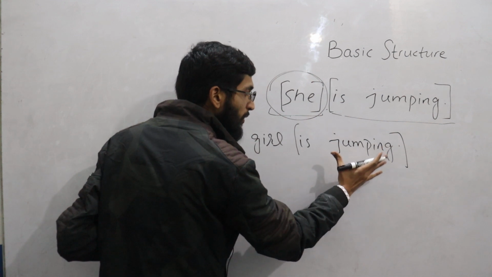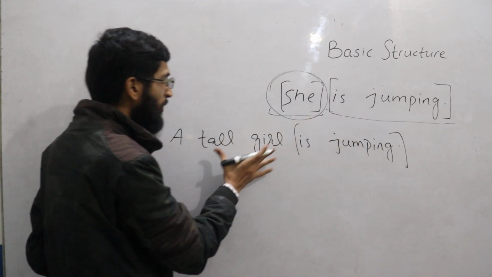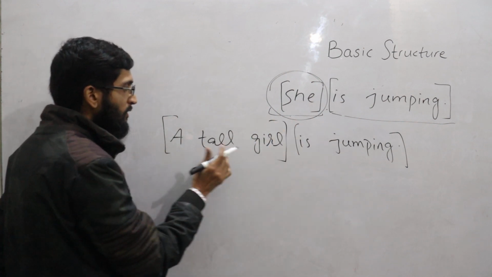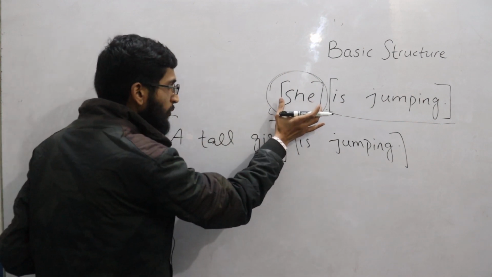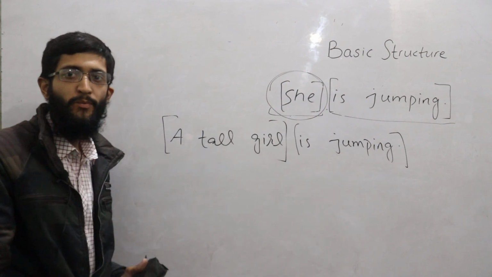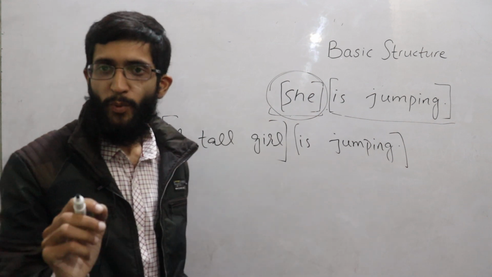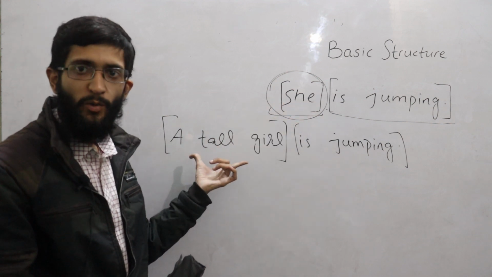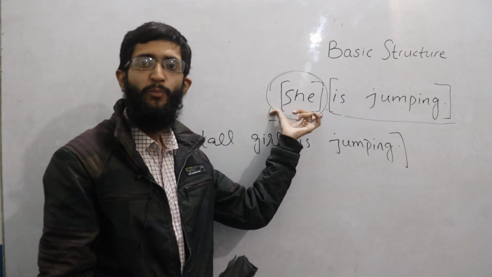Predicate is actually the part of a sentence which tells you about the subject. So still it is a subject because it can be replaced with this word she. It can be replaced with a pronoun. So a pronoun can be replaced with a noun phrase, or a noun phrase can be replaced with a pronoun.